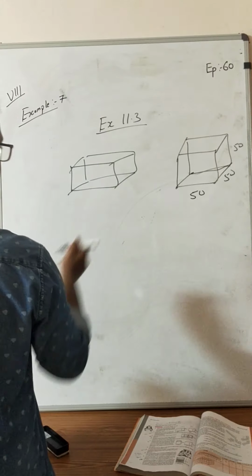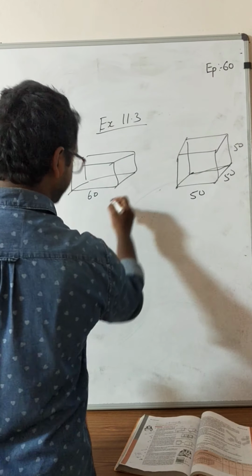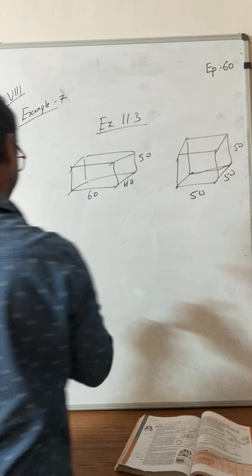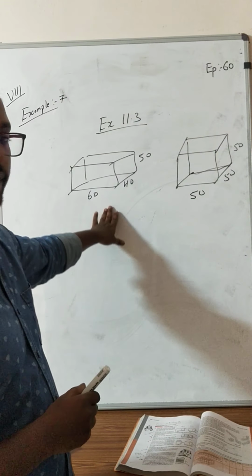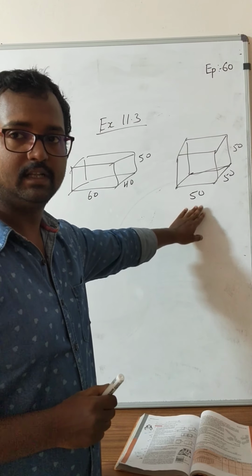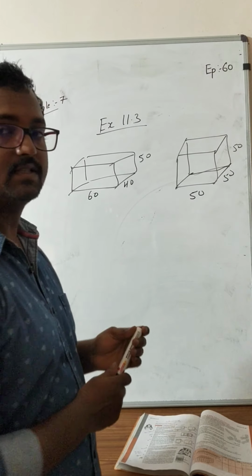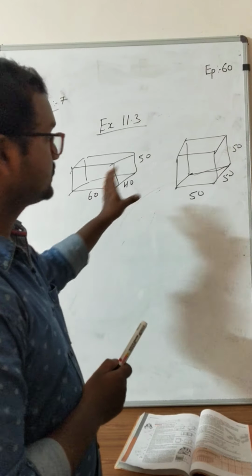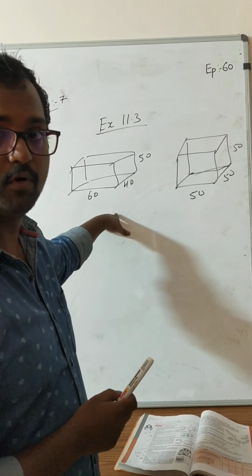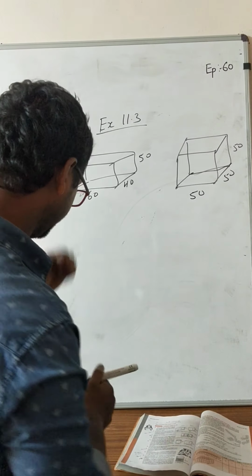This is our cube. Now see the other sides, 60, 40 and 50. So this is a cuboid, because all the sides are different. Here it's very clear that this is a cube. Now they are asking which has less area, the cuboid or the cube.